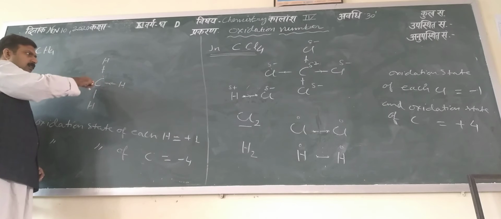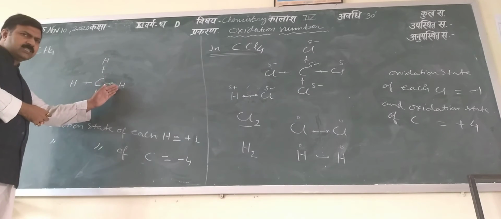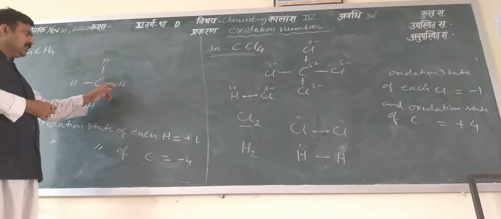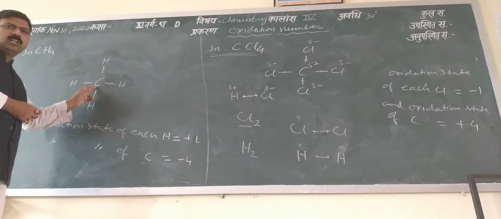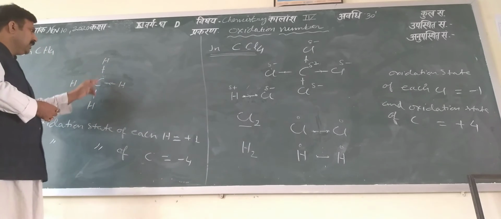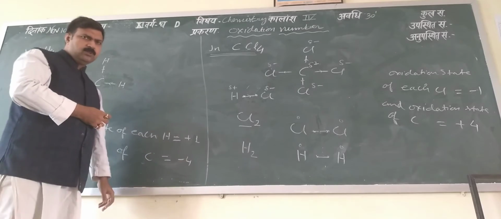So if we predict the oxidation number, we will assume that the shared electron pair will transfer towards the carbon. So each hydrogen becomes +1 and carbon becomes -1 per bond.